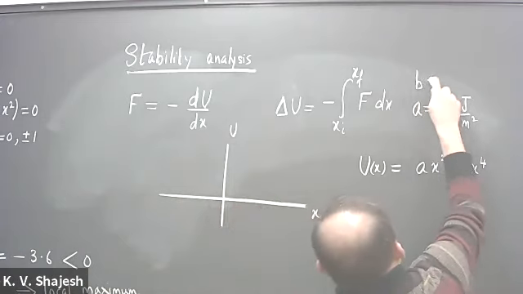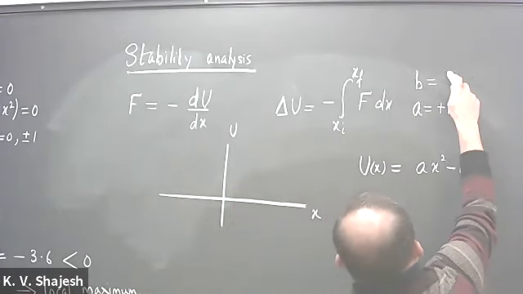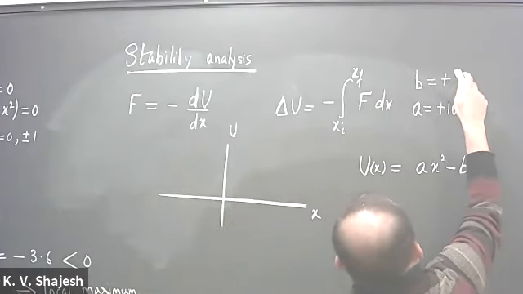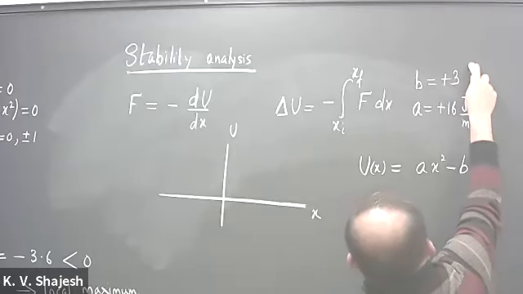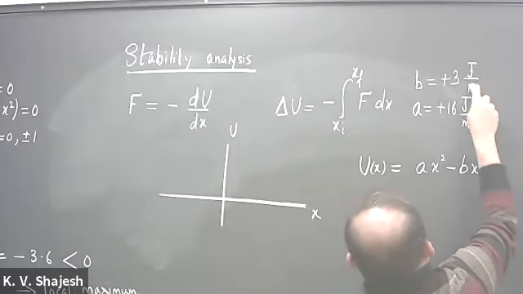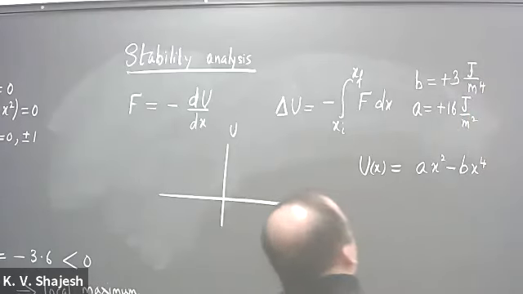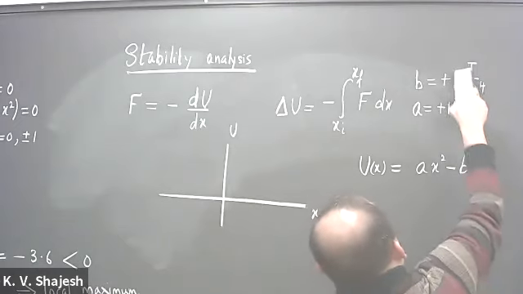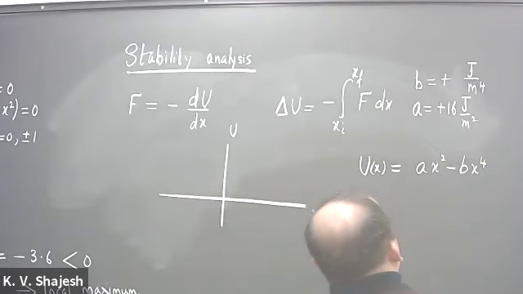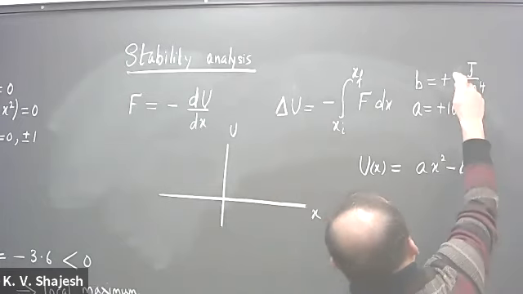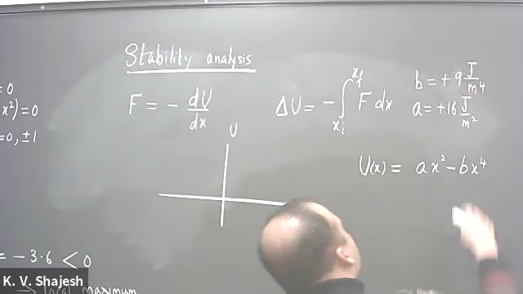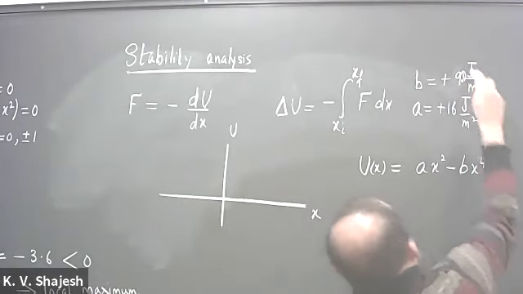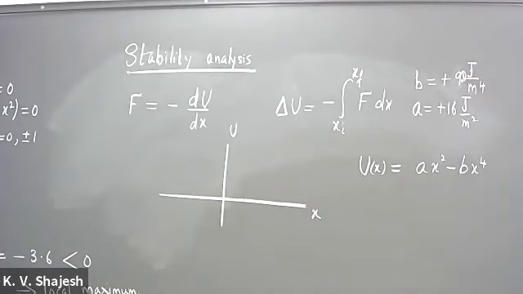Let's say B is equal to, let's say 9.0, so 2 digits.